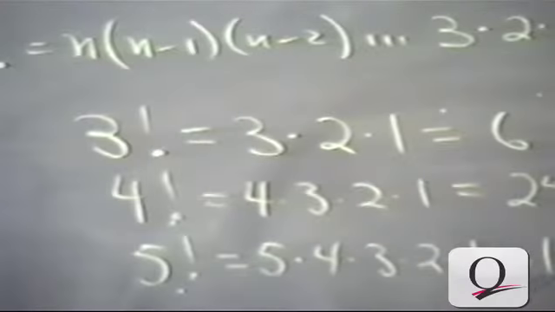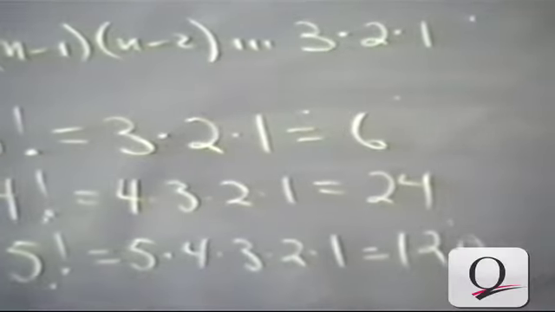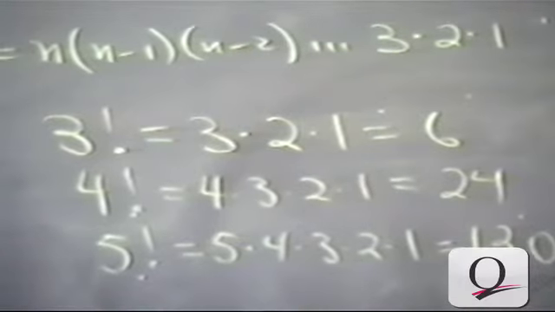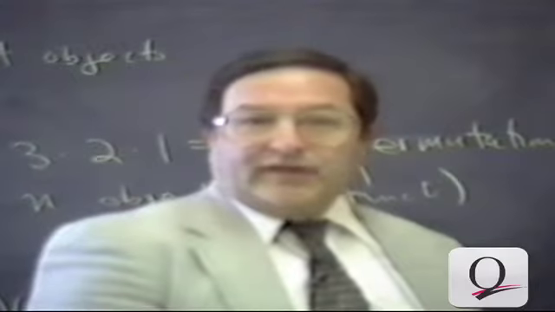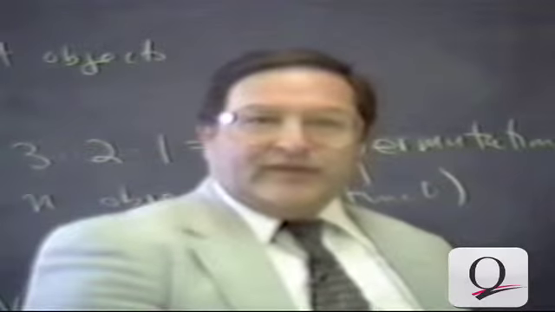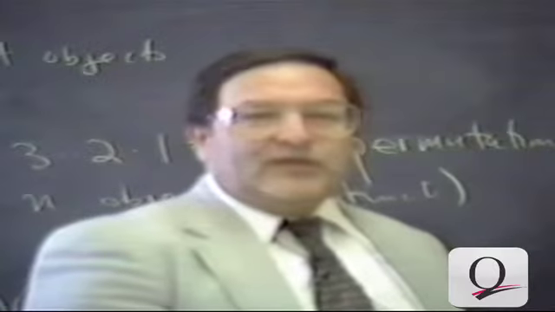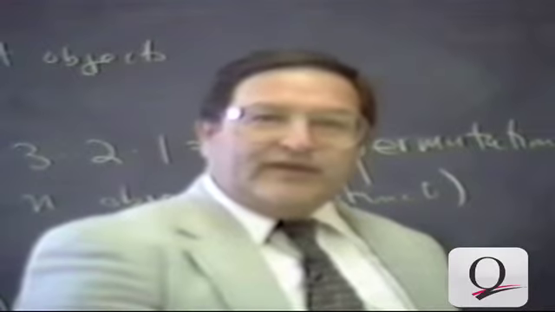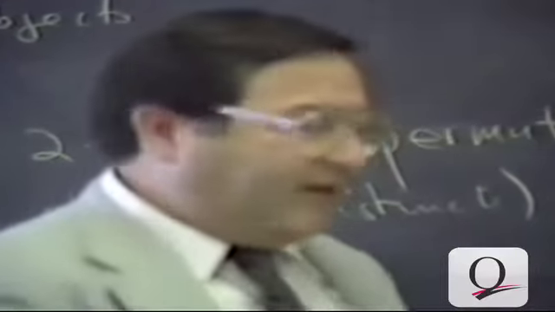For example, if you had to line up the 9 players in the baseball team, and a lineup is a kind of an arrangement, it's a kind of a permutation. If you had to line them up, the total number of ways you can make the lineup is 9 times 8 times 7, etc., 9 factorial.